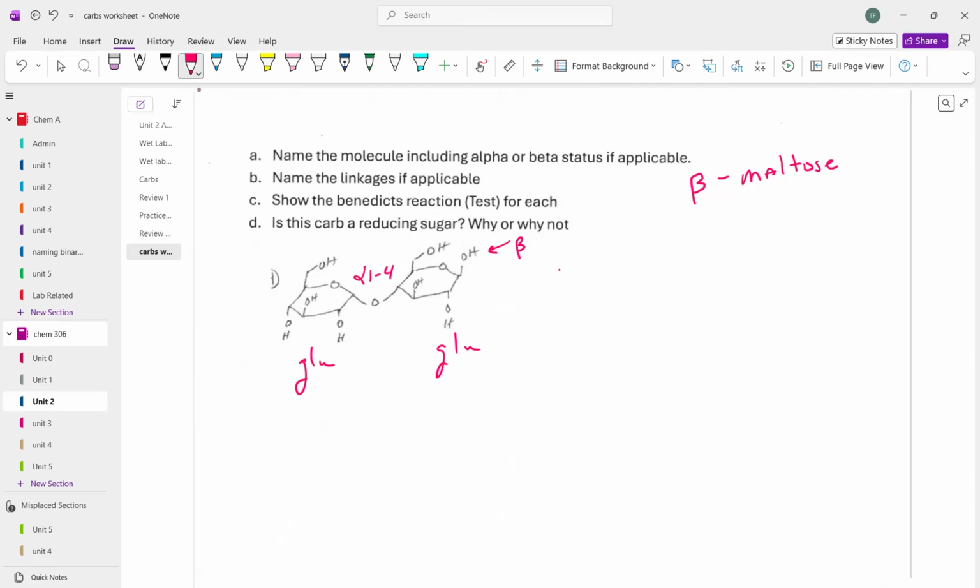Okay, so what does this look like then? Okay, we've got two anomeric carbons. We've got one here, and we've got one here. Each one of those we have to analyze. So this one on the left, we're going to go OCO, and it's got no OH here, and it's got an H. So that means that is an acetal.